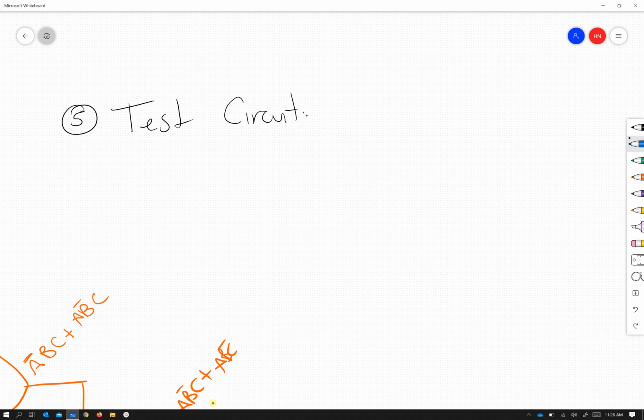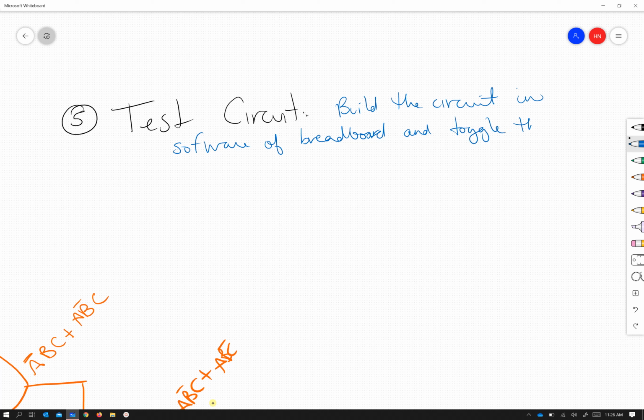So what you have to do for this one is to build a circuit in software or breadboard, and toggle the input switches to match all the truth table combinations.